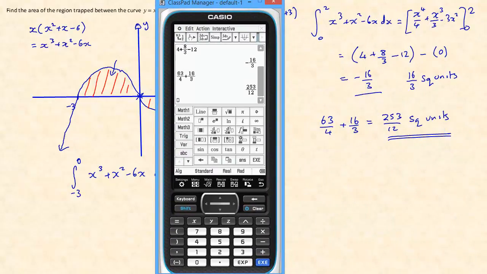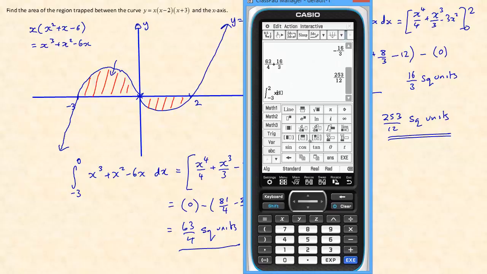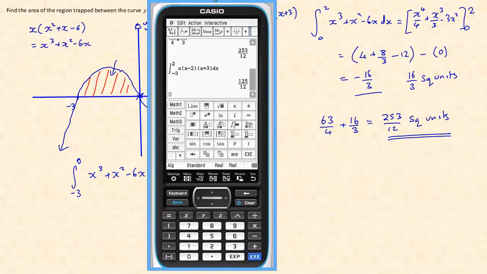Now, on the calculator, what I'm going to do is I'm just going to integrate from -3 through to 2 of x, x minus 2, and x plus 3 dx, and that gives us 125 over 12.